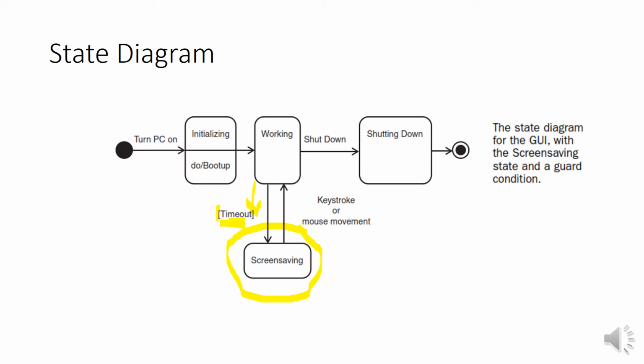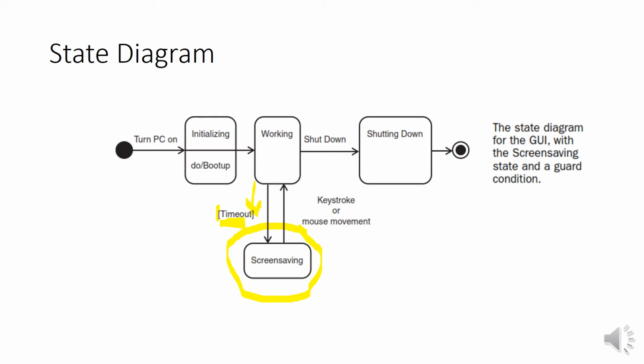Guard condition is a Boolean condition which evaluates true or false. It can be a time, it can be a call, it can be a signal. In this case it is a time interval which can be 15 seconds or 15 minutes. As a result of this, the GUI transitions from working to screen saving state.